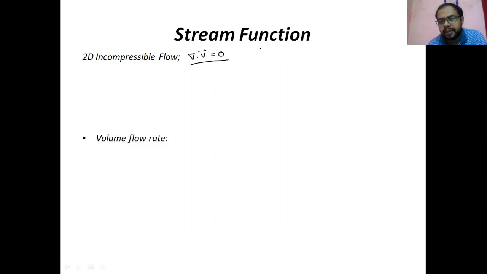In the Cartesian coordinate, we are considering two dimensions, x and y, and the velocity vector has u along the x-axis and v along the y-axis. The divergence is i del/del x plus j del/del y. Taking the dot product gives del u/del x plus del v/del y is equal to 0.